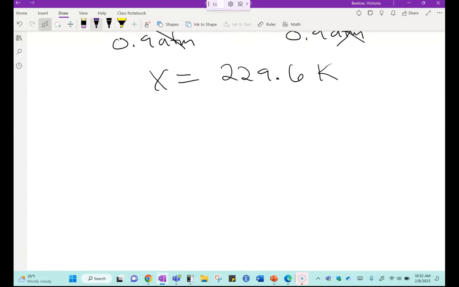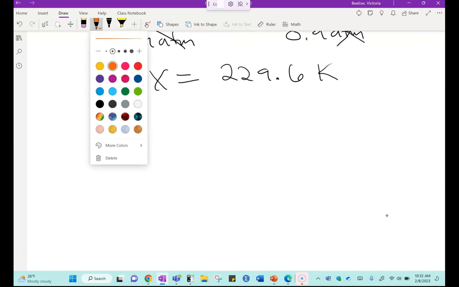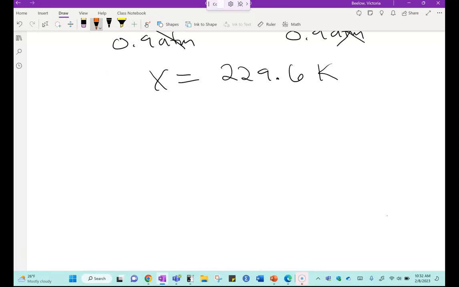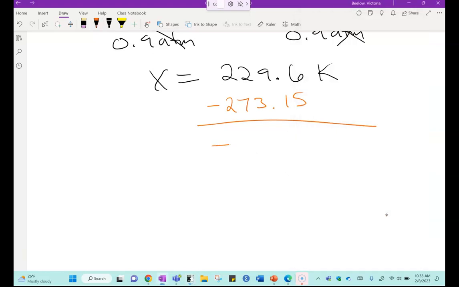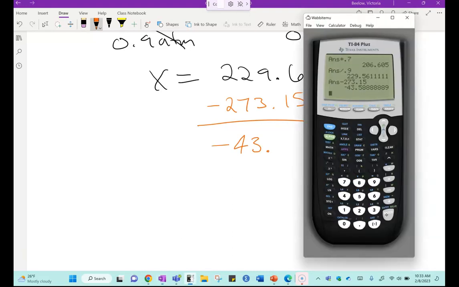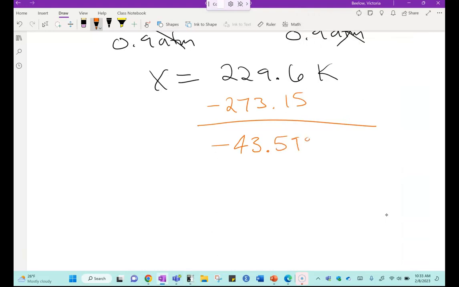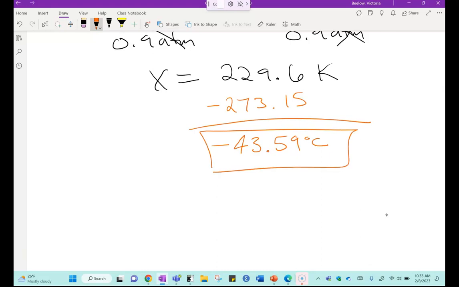However, the question was asking for the final answer in degrees Celsius. To go from Kelvin to degrees Celsius, you just have to subtract 273.15. So this would be negative 43.59 degrees Celsius, which you can have. You can't have a negative Kelvin. And that would be my final answer.